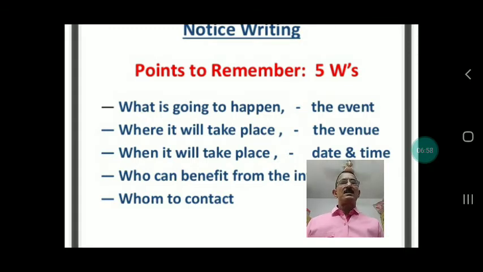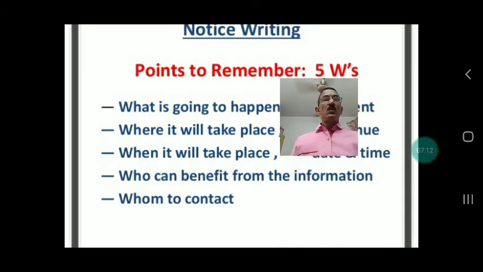What is going to happen, means the event; where it will take place, means the venue; when it will take place, means date and time; who can benefit from the information; or whom to contact for essential information regarding the notice. These 5 W's are essential so that the notice is not incomplete.